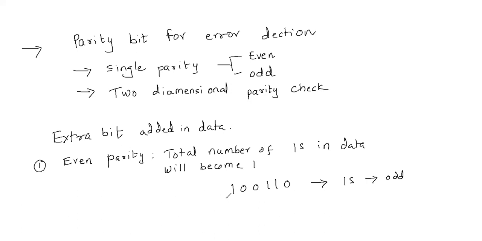So if you add one extra bit over here, that bit is called the parity bit. Now the number of ones here will be even. So even parity means the data contains an odd number of ones and addition of the extra bit will make them even. In such a situation we call it even parity.